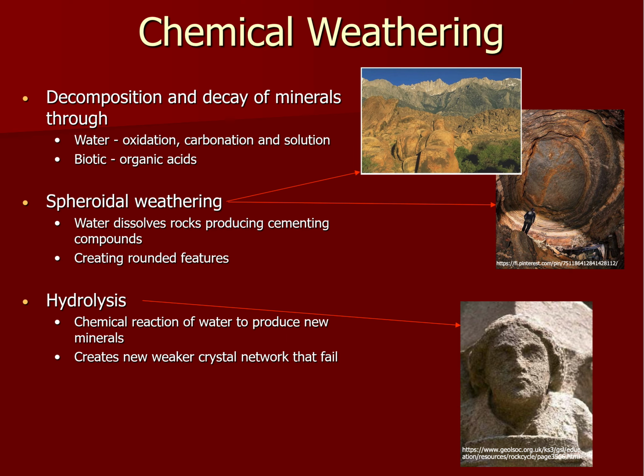So what's happening with spheroidal weathering is that on the surface of the rock, with rain events and flood events, the rock itself starts to dissolve. The rock is being dissolved by the water. And as it dissolves, the water moves on, evaporates.